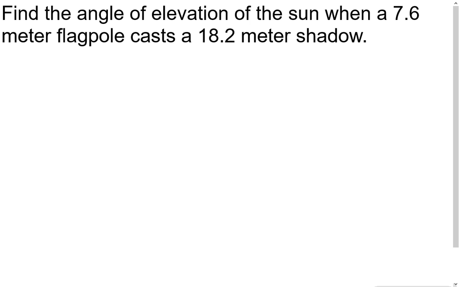All right, I have one more example. This one we want to calculate the angle of elevation of the sun where a 7.6 meter flagpole casts an 18.2 meter shadow. I'm a person who loves pictures, so I'm going to try to draw this picture. So we have this sun up here in the sky shining down on a flagpole.